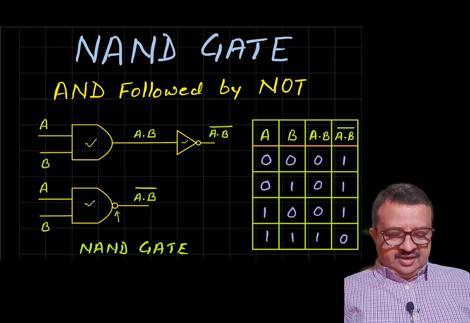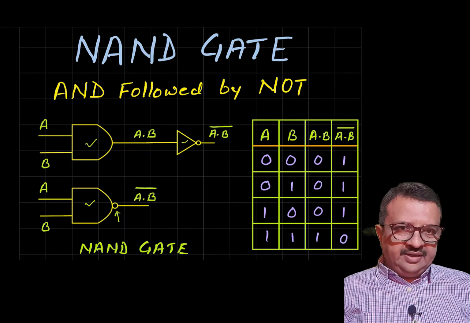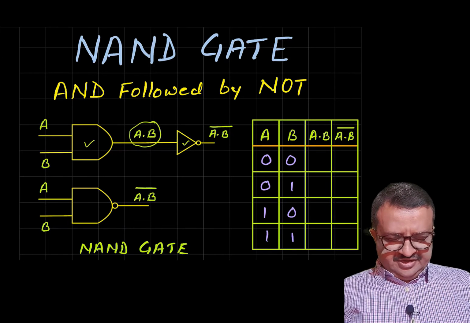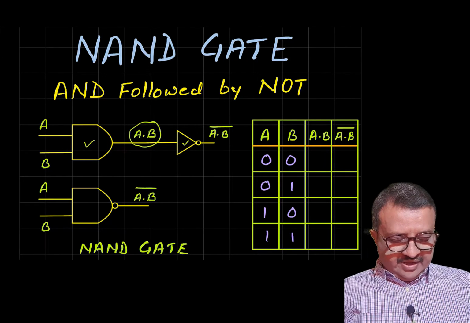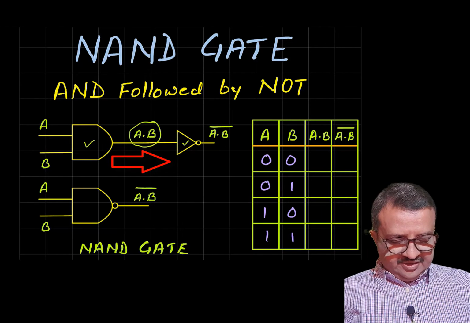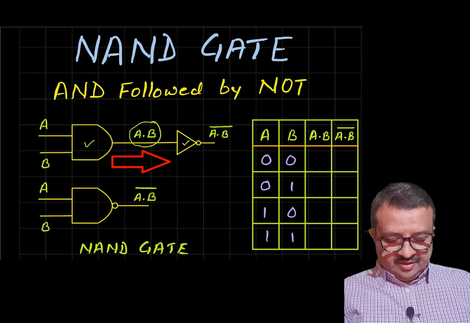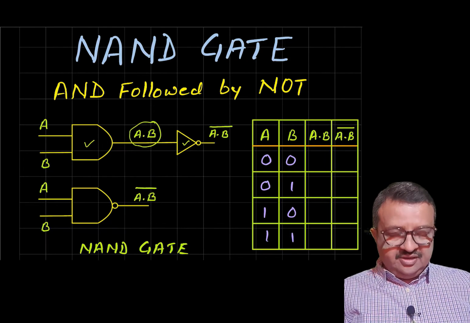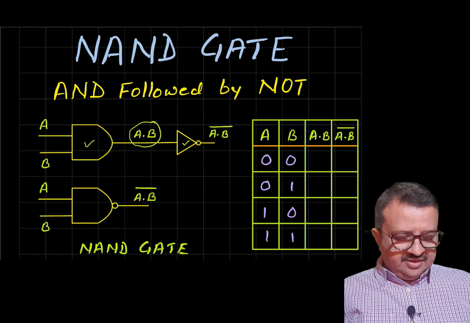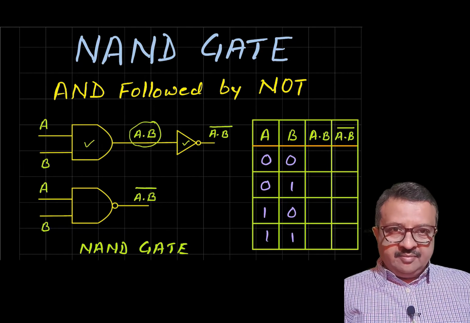It is an AND gate followed by a NOT gate. The output of the AND gate is connected as input to the NOT gate. So A and B are the inputs. This is the AND operation, A dot B, and the output will be A dot B, whole bar.